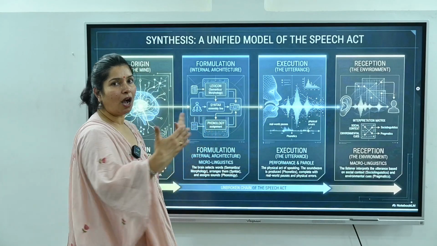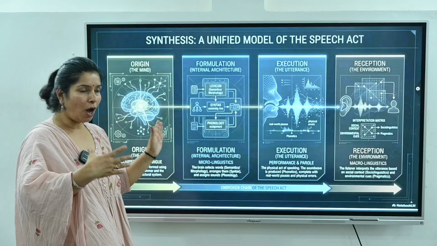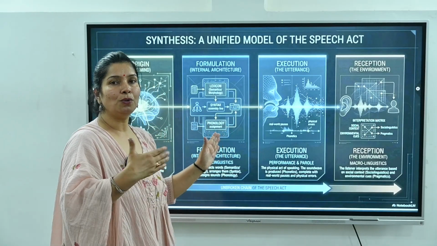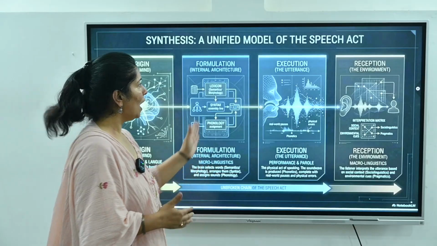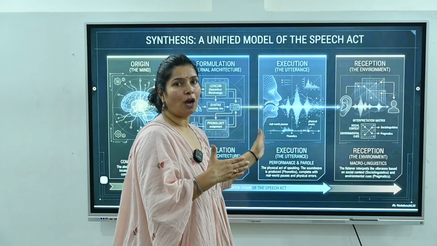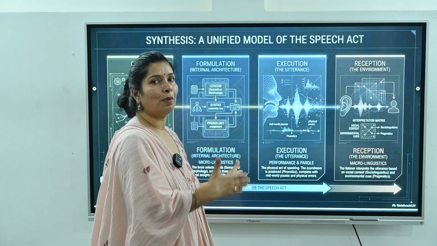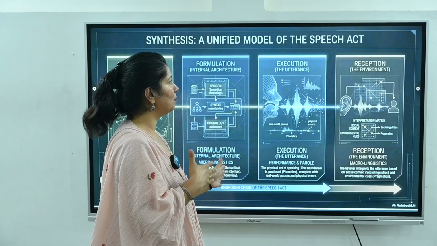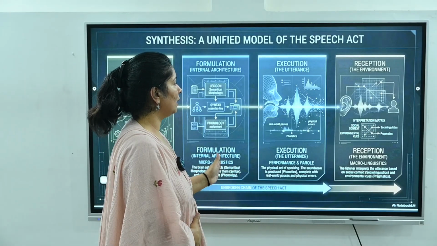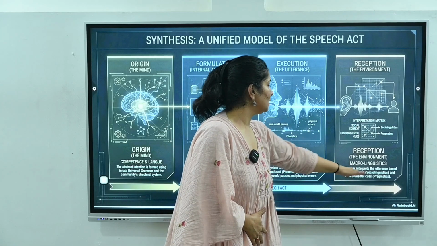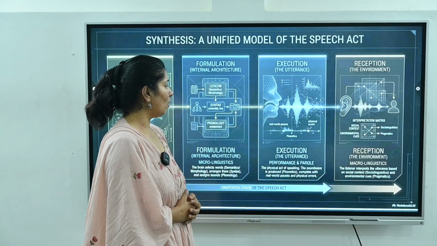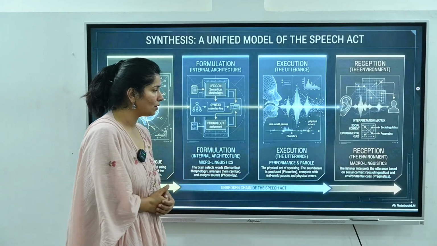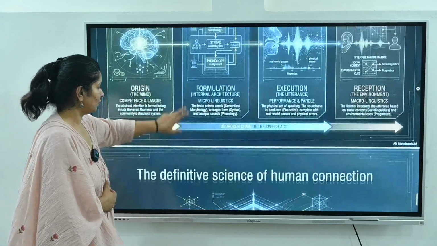This is the chain: how we produce these sounds, how these are transmitted, and how this language is understood, heard, or perceived by other people. So the listener interprets the utterance based on social context, sociolinguistics, and environmental cues, pragmatics.